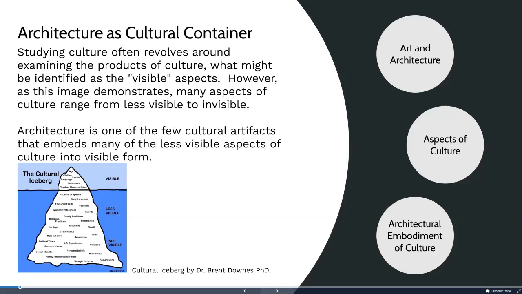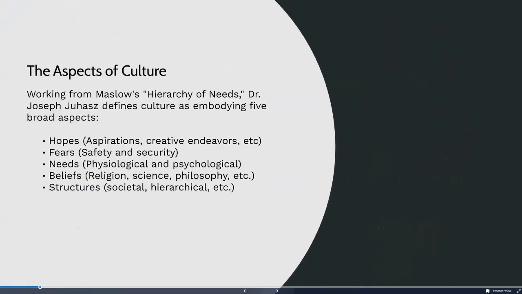However, as this image demonstrates, many aspects of the culture range from the less visible to being completely invisible. And architecture is one of the few cultural artifacts that embeds many of the less visible aspects into a visible form. So I would like to start off talking about the aspects of culture.